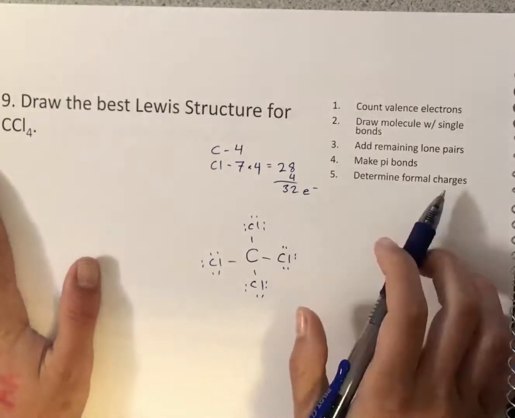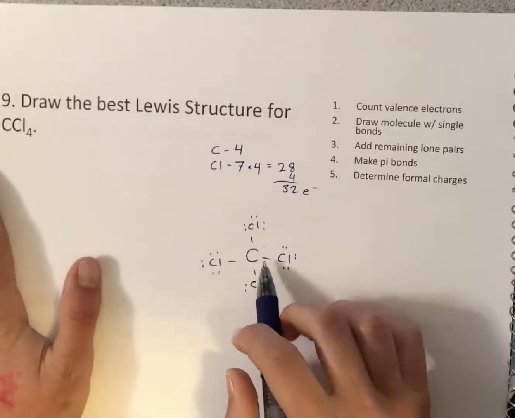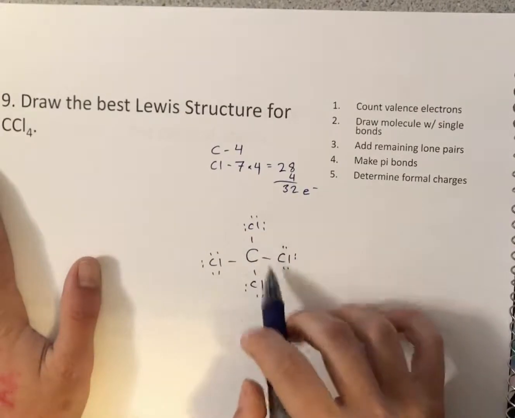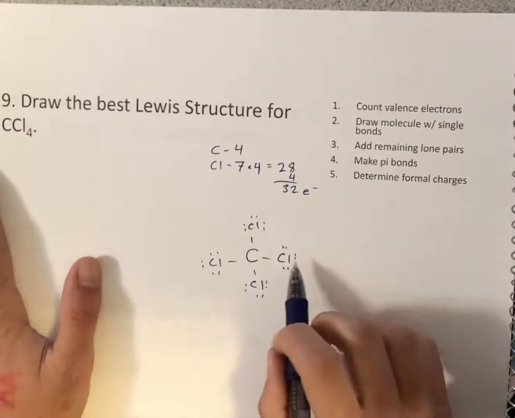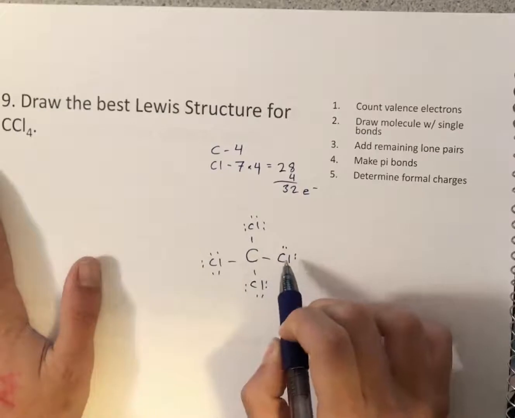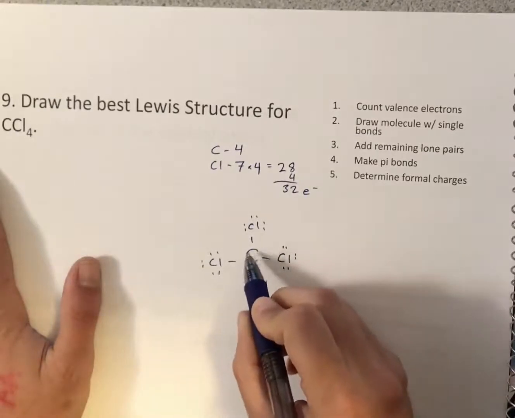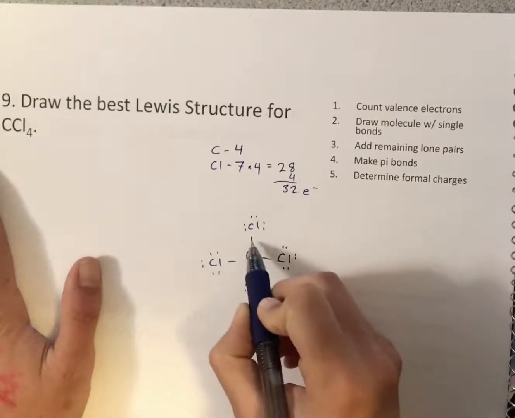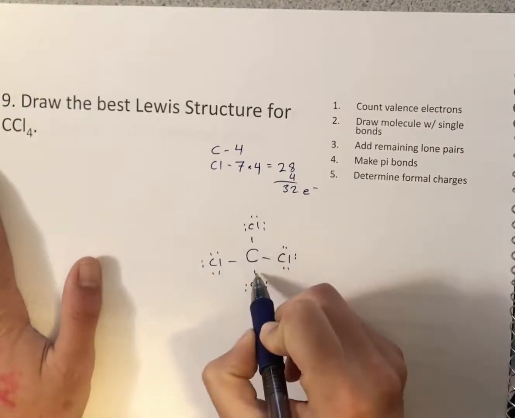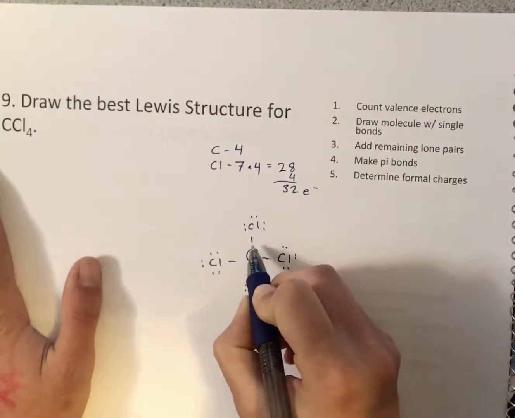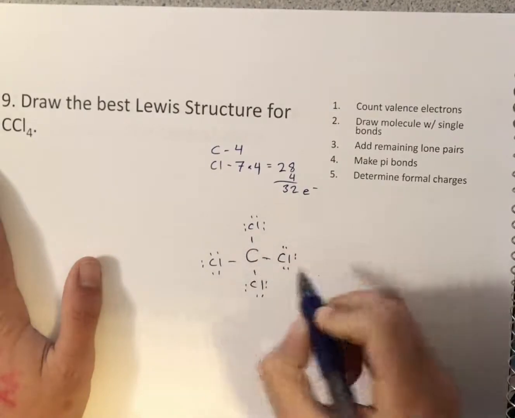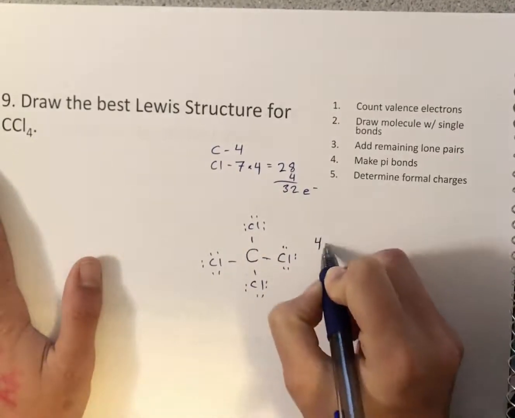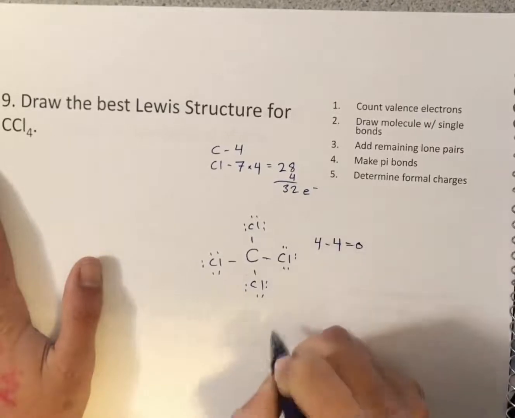But then let's look at formal charges. I will just look at carbon and chlorine for this, because all of the chlorines are the same, so I'm just going to look at one of them. The carbon has, you just need to count one per bond, so 1, 2, 3, 4, and it has 4 valence electrons, so that's 0.